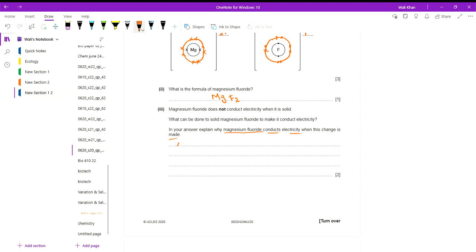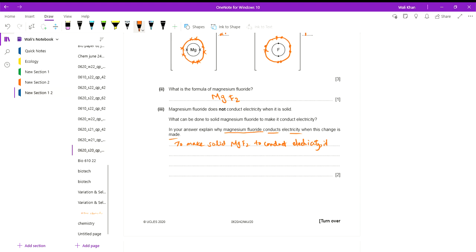So, to make solid magnesium fluoride conduct electricity, it can be melted. What can be done to solid magnesium fluoride?